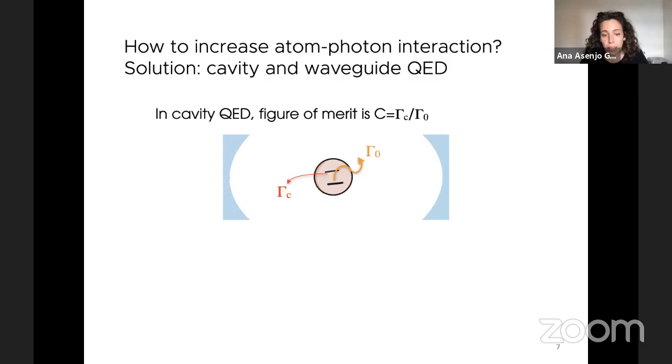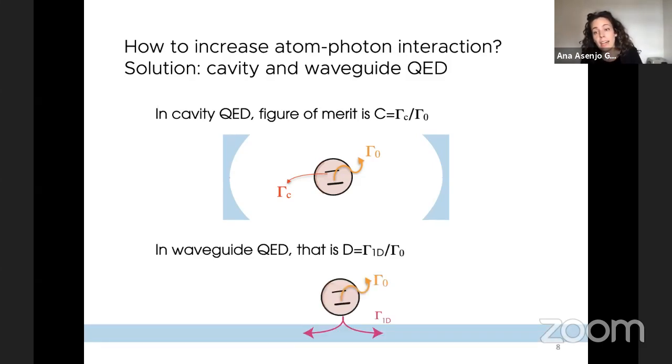When we put an atom into a cavity, the probability of the atom decaying into the cavity mode is enhanced. How efficient the light-matter interaction is is given by a figure of merit called cooperativity, a ratio between the photon being emitted into the cavity mode, at the rate gamma c, which we can control, and emitting it into free space and losing it.